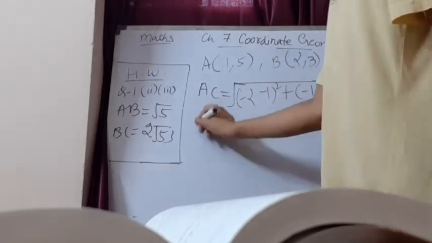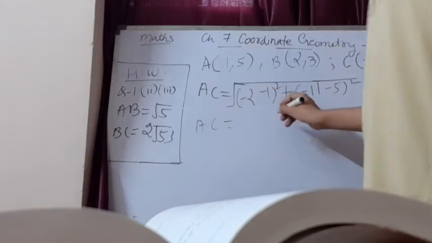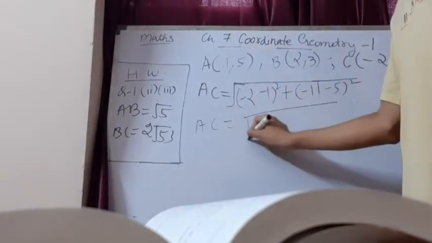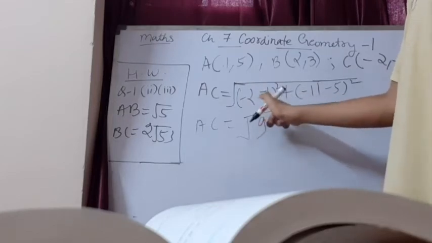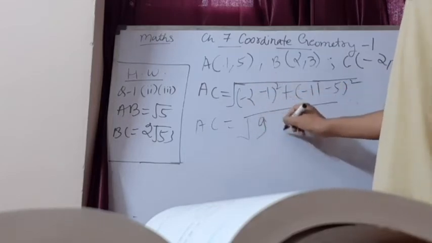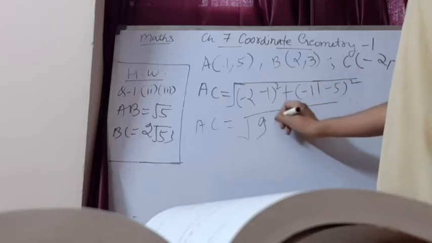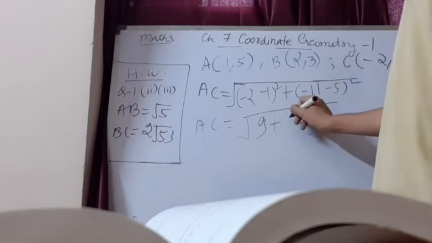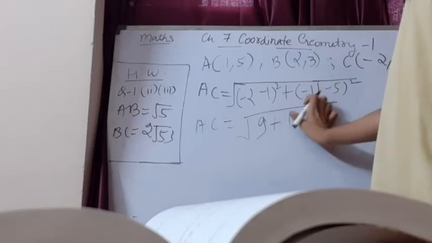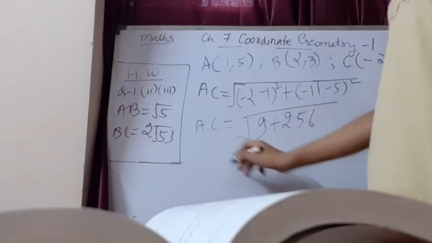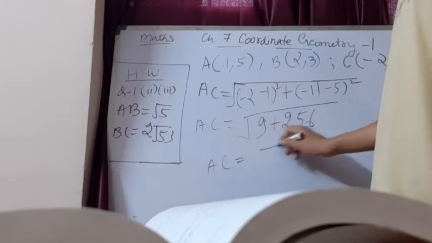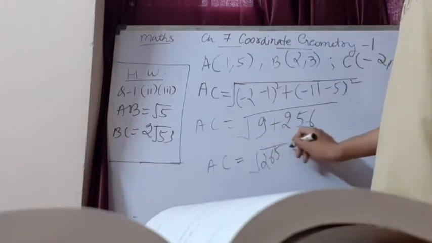So AC distance will be equal to under root of -2 minus 1, that will be 9, minus 3 whole square, 9, plus 16 whole square, that will give you 256. So your AC distance will be equal to root 265 units.